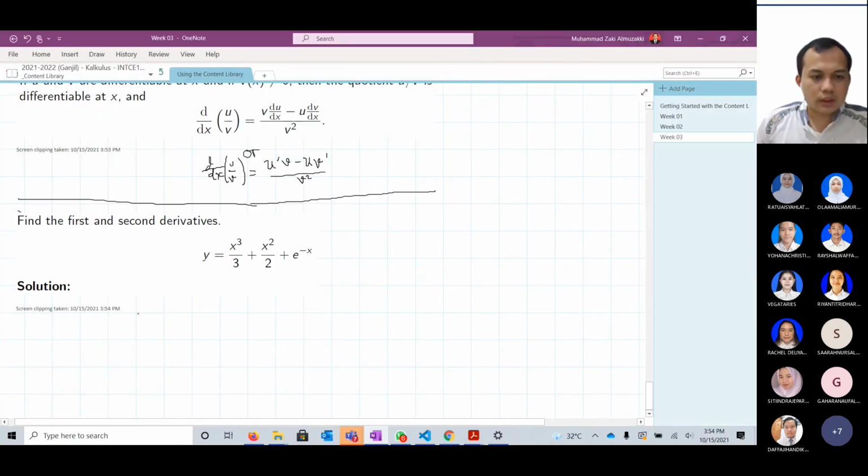For this first challenge, we have y prime to be x squared plus x minus e power minus x, and y double prime to be 2x plus 1 plus e power minus x. Is it clear?